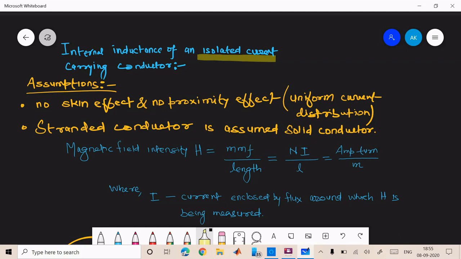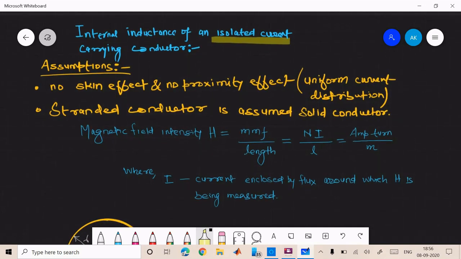Whenever we say isolated current carrying conductor, it means there is one conductor which is carrying current, and there is no other current carrying conductor in the surrounding, so that there is no external magnetic field which will affect your conductor.